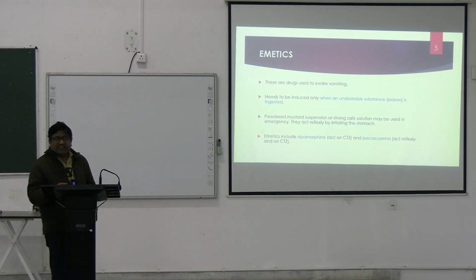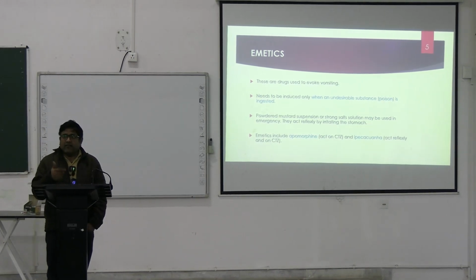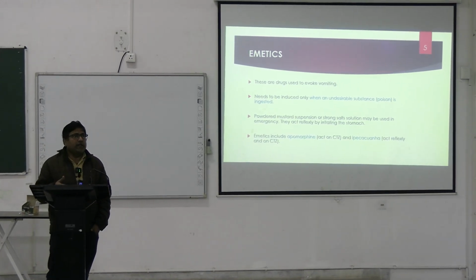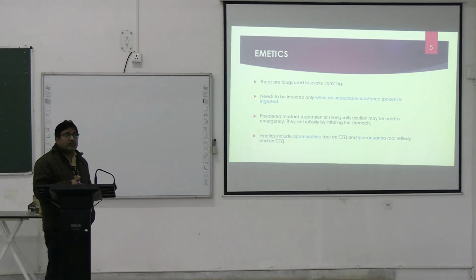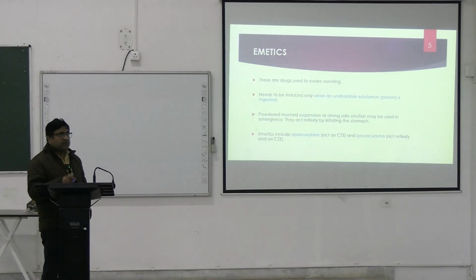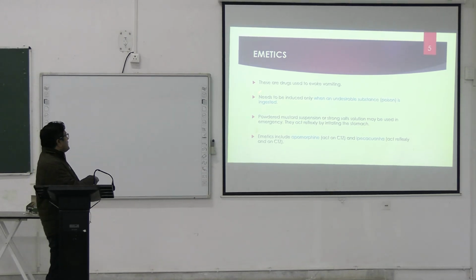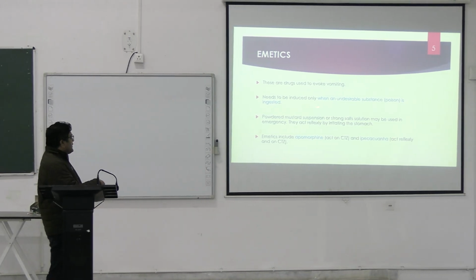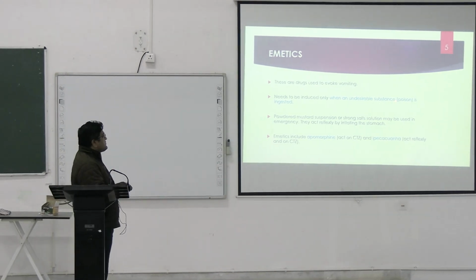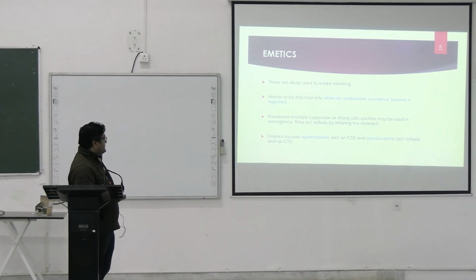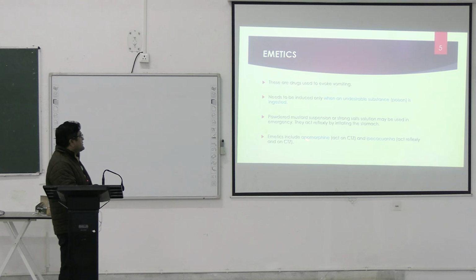Now, what are the emetics? Emetics are certain drugs that cause vomiting, and these were initially used in case of any poisoning to get rid of the poison. Now, these are contraindicated. These are drugs used to evoke vomiting. They need to be induced only when an undesirable substance like poison is ingested, like powdered mustard suspension or strong salt solution may be used in emergency.